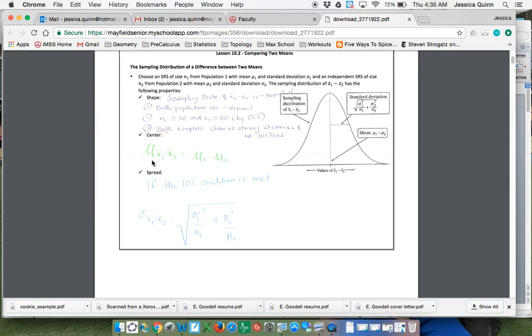The center of our sampling distribution, so the mean of the differences of our means, would just be mu1 minus mu2. And then for the spread, as long as the 10% condition is met, the standard deviation for x bar 1 minus x bar 2 would be the square root of sigma 1 squared over n1 plus sigma 2 squared over n2.